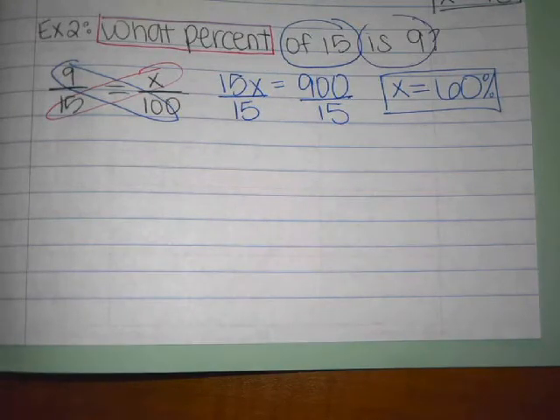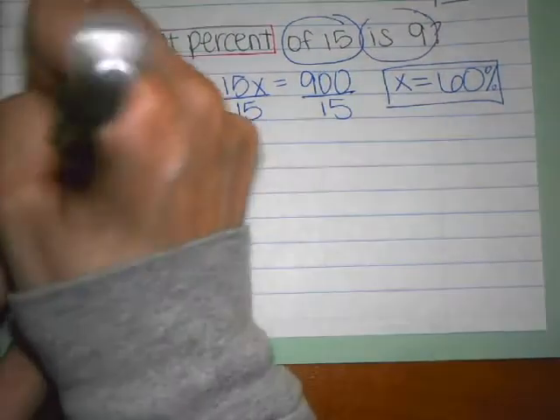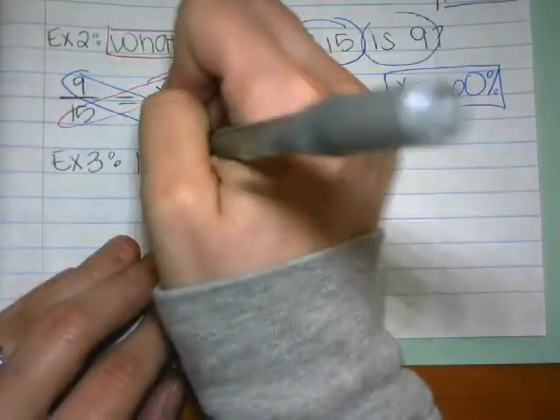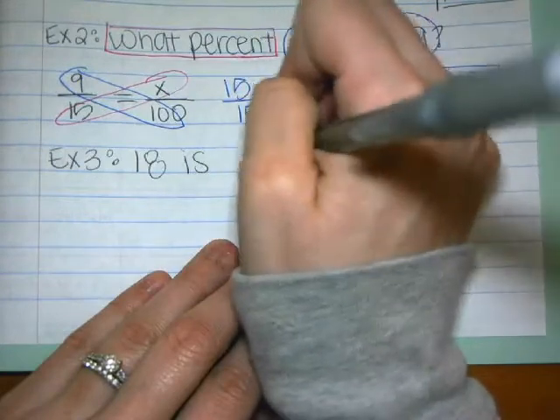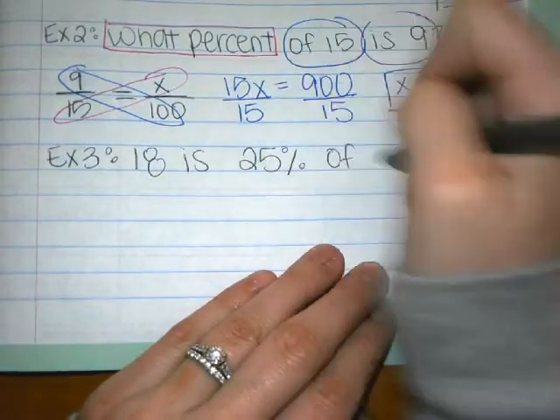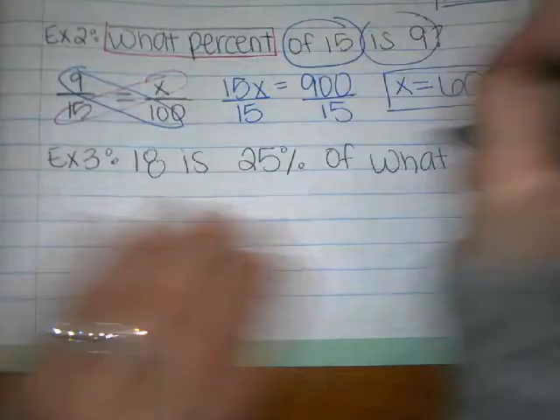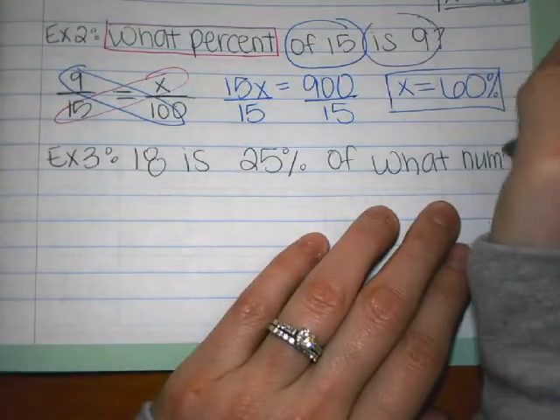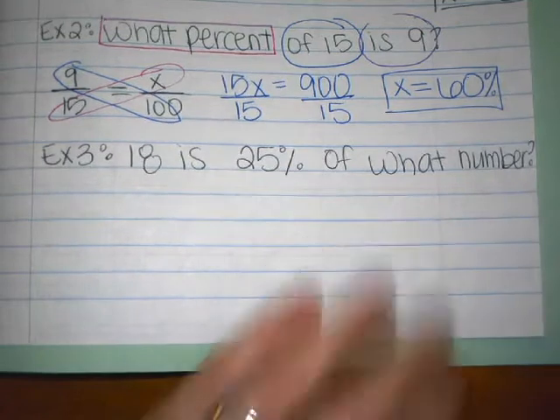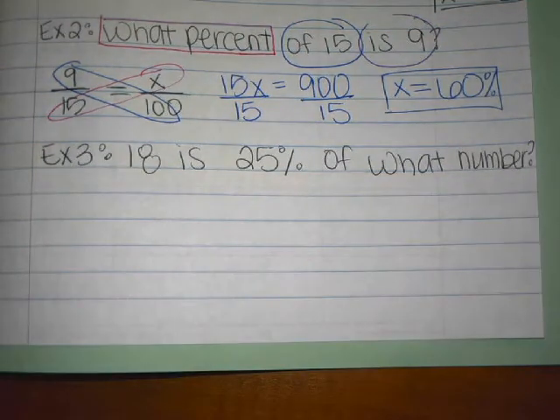All right, we got one more example for our notebook. Example 3. 18 is 25% of what number? So same thing.